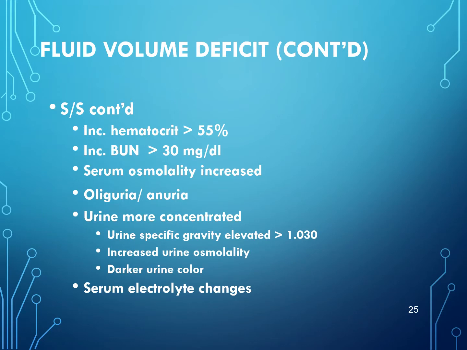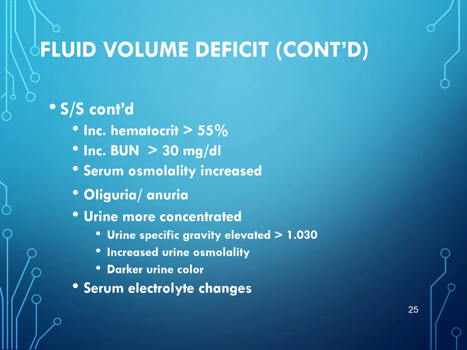Signs and symptoms continued. We're going to see increased hematocrit greater than 55%. The normal for males is going to be 42 to 52%, and females it's about 35 to 47. So it'll look increased because there's less fluid to dilute it. Then we have increased BUN, blood urea nitrogen level. The normal is going to be between 10 and 20 milligrams per deciliter.